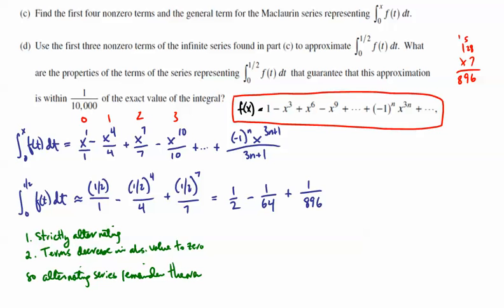And the alternating series remainder theorem tells you that the error between the approximation and the actual is less than the first excluded term, and the first excluded term would be the fourth term.